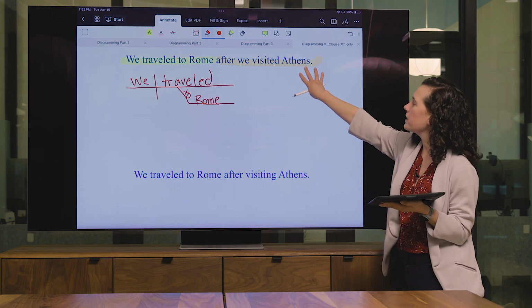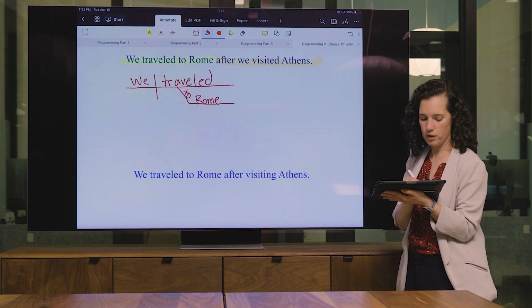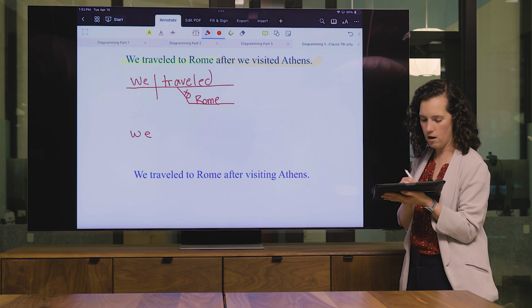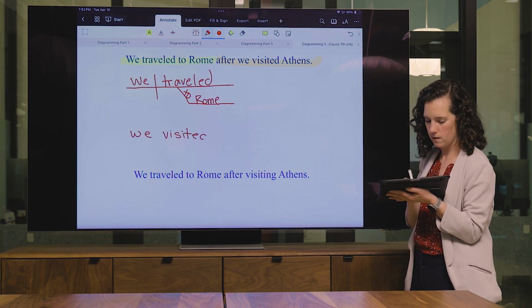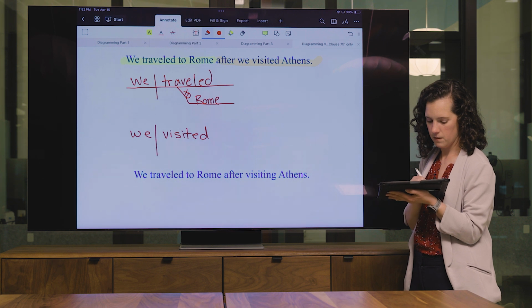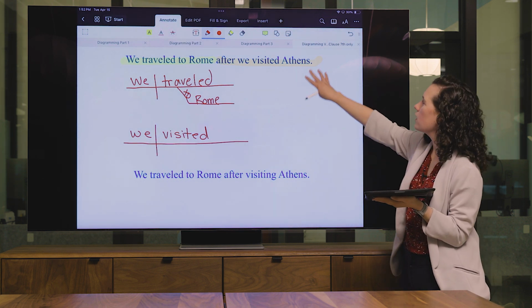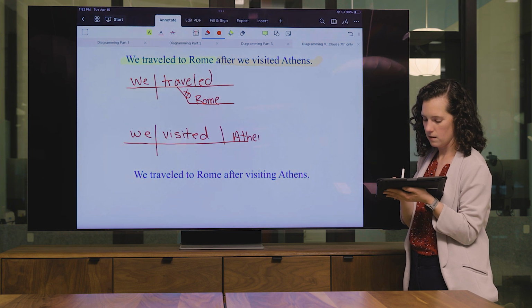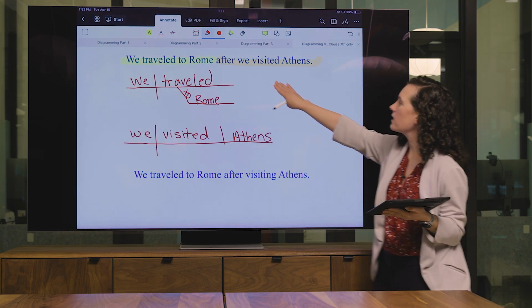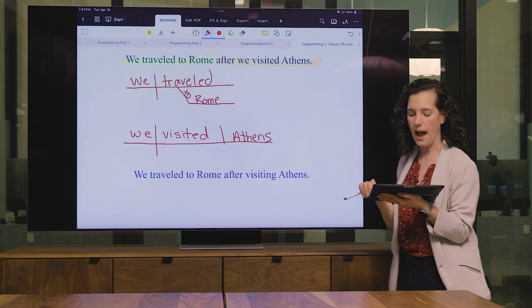And then our clause here, we visited, is our subject and our verb in our second clause, our dependent clause. And we visited what? We visited Athens. And they are connected with this subordinating conjunction after.